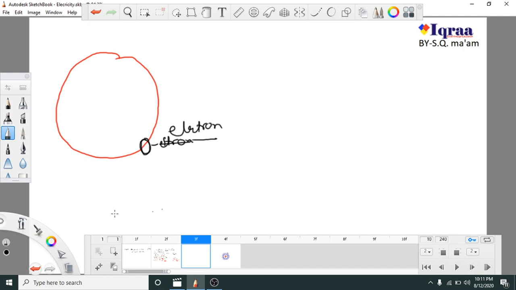Now what can we do to move it away or release it from its atom? We have to use an appropriate amount of force.